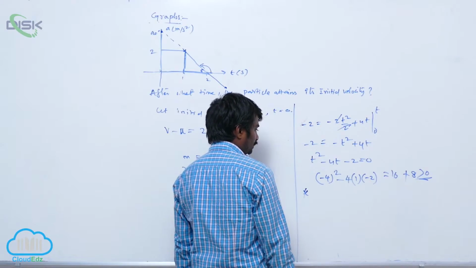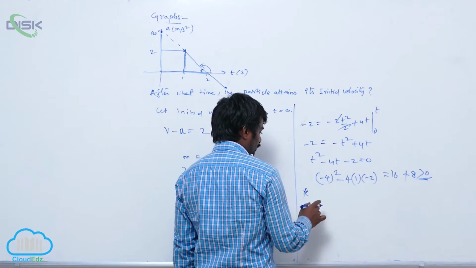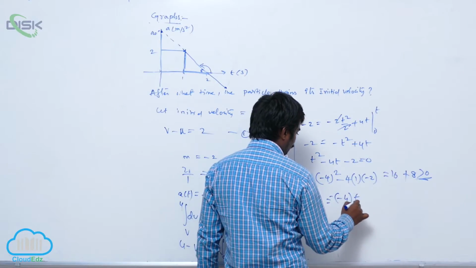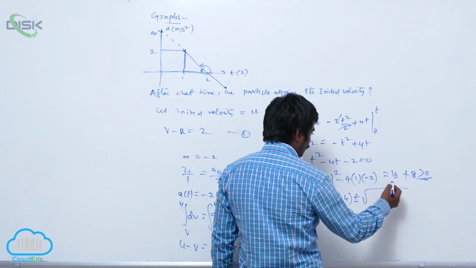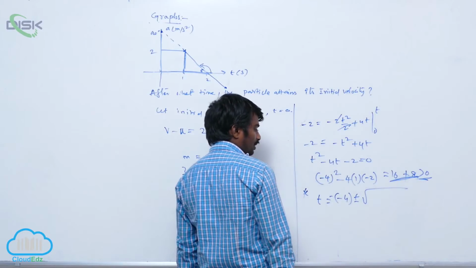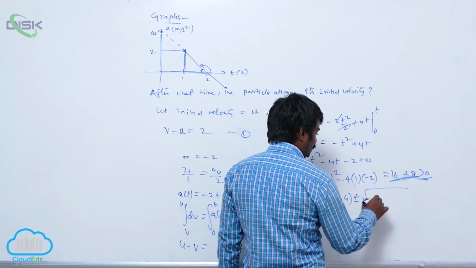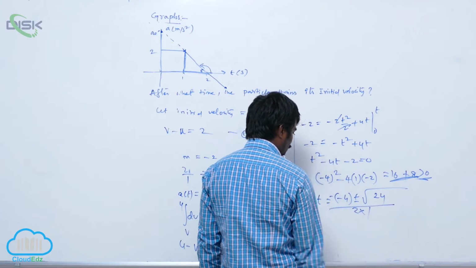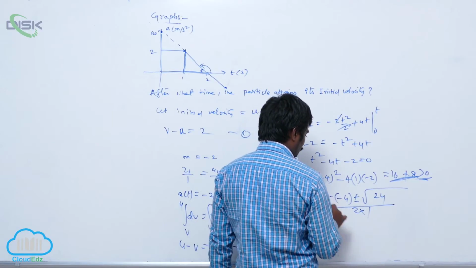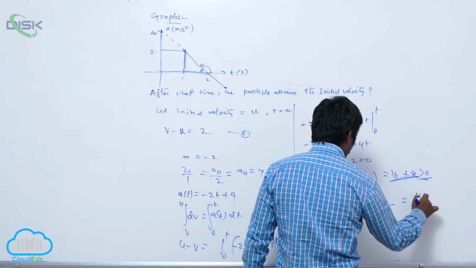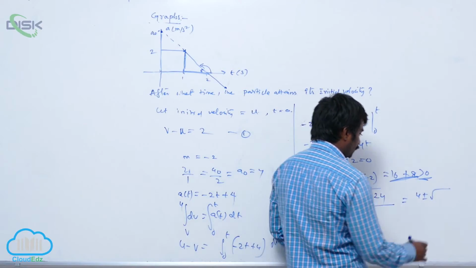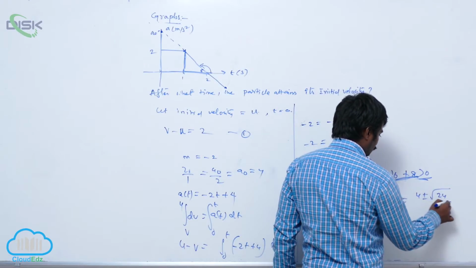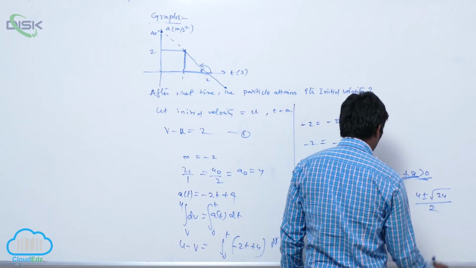Now let us calculate the roots. Time t equal to minus b plus or minus under root of b square minus 4ac, that is 16 plus 8, that is 24, by 2 into 1. Minus into minus plus, 4 plus or minus under root of 24 by 2.